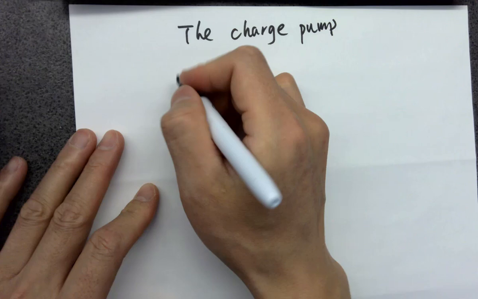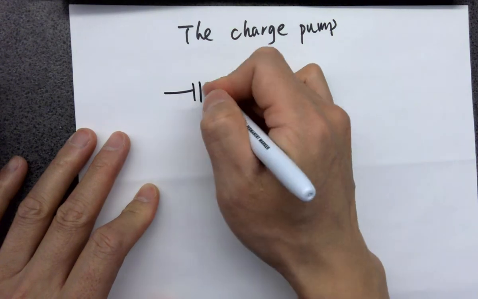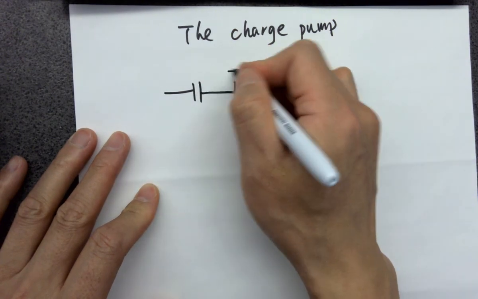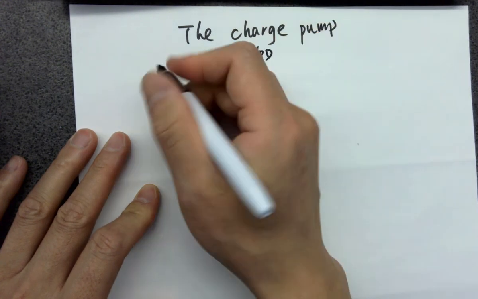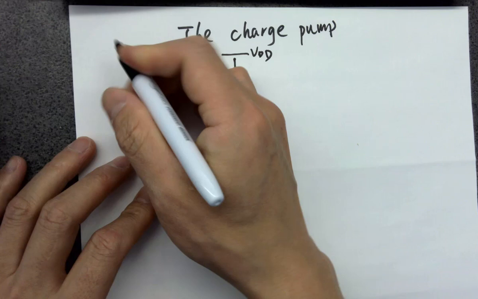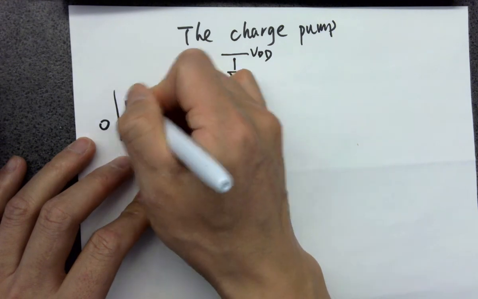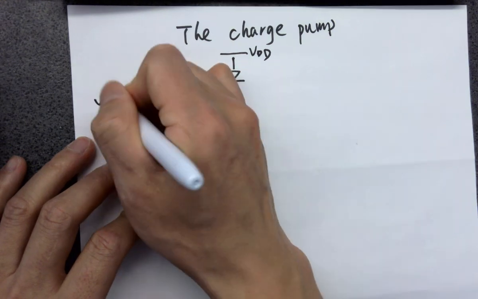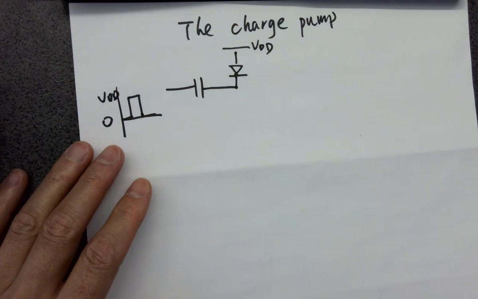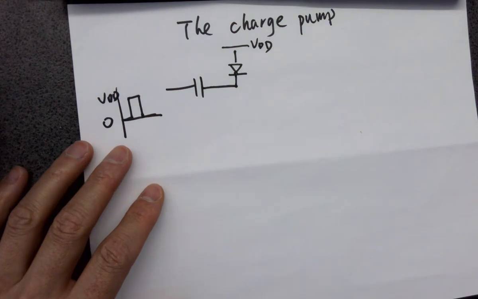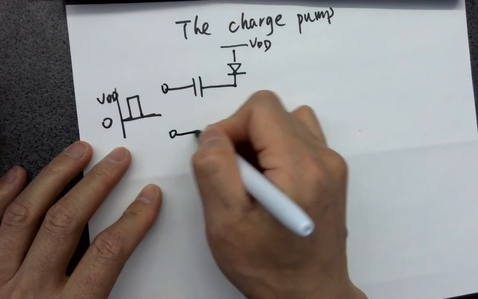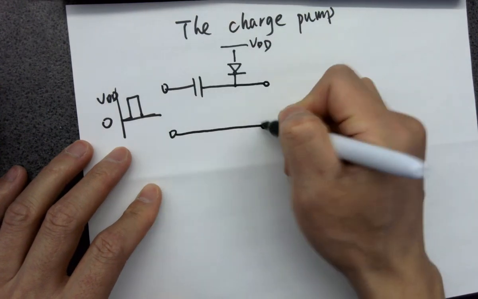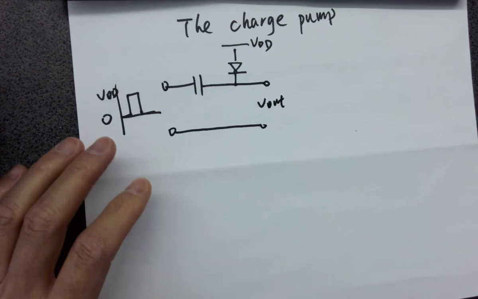Very similar circuit: input, capacitor, VDD, and it's all digital circuit, so we are assuming it's from 0 to VDD. So my question for you guys is, what is the voltage at the output?